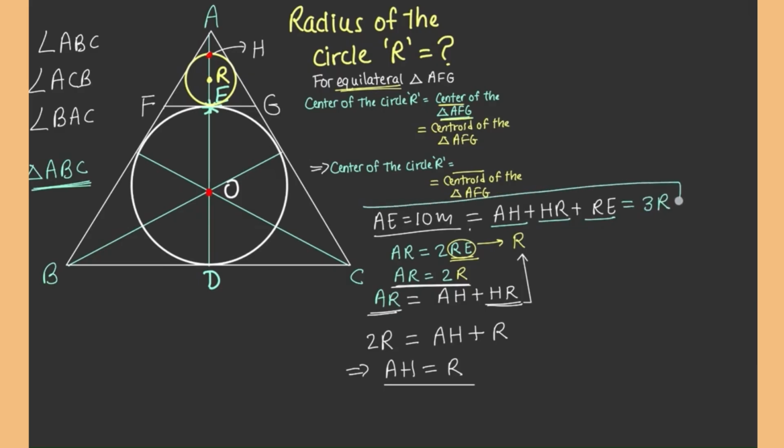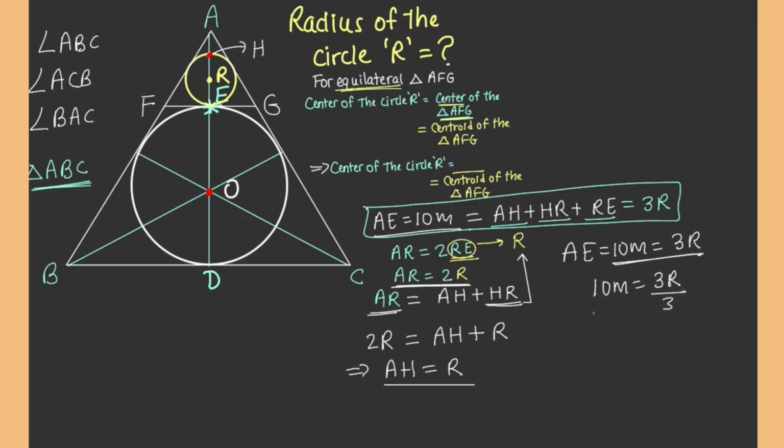So AE, which is 10 meters, equals 3R. Can we solve for R from here? Sure can. Equating these two, 10 meters equals 3R.